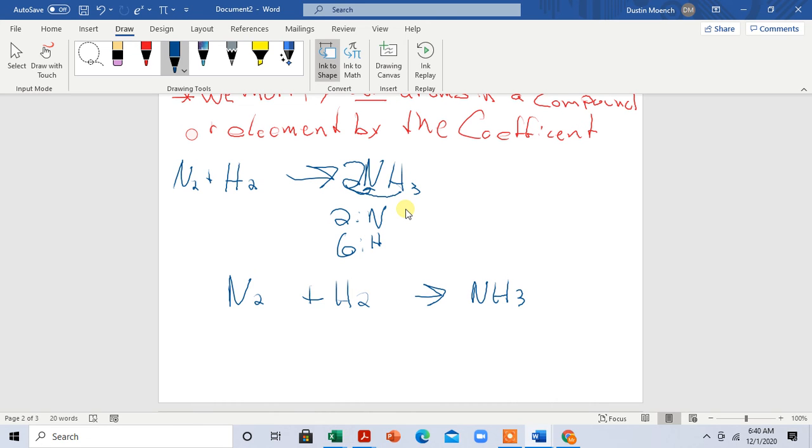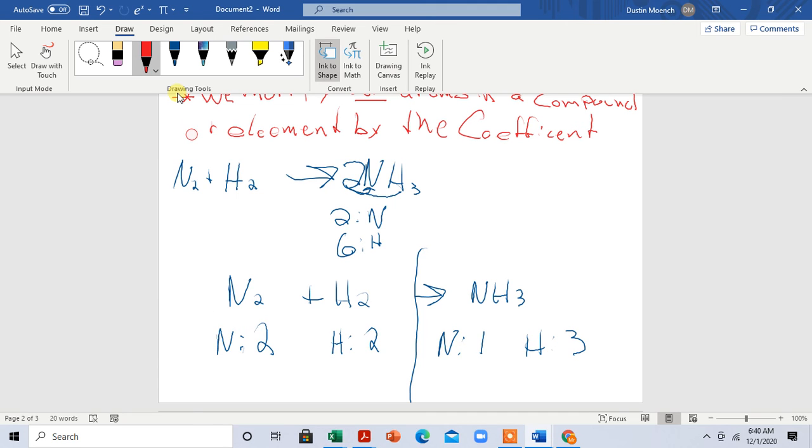The first thing is I'm going to write down how many of each I have on both sides. I have 2 N's and 2 H's on this side. On the right side I have 1 N and 3 H's. Let's switch to another color.